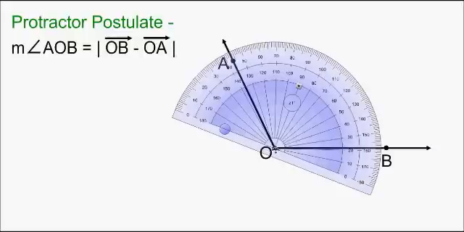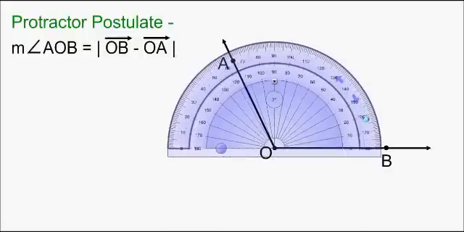There is sometimes a hole there on a physical protractor, and you want to put that on the vertex of the angle. And I like to rotate this so that the straight line here at the bottom is either at 0 or 180 degrees, lines up with one of the rays, one of the sides of your angle. And then you're going to look up here and get a reading.